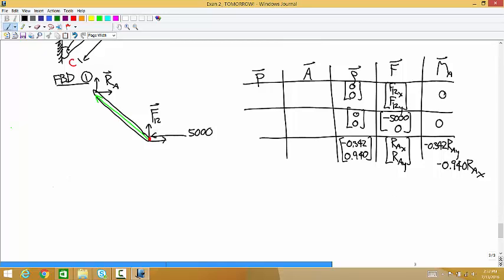Okay, so you get three equations. The first is from summing up the x components of the forces and setting them equal to 0. And so you get F12x plus RAX plus negative 5,000 equals 0. If you move that over to the other side, you get plus 5,000 there.